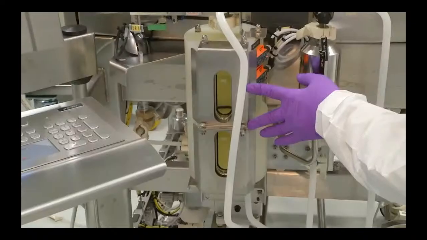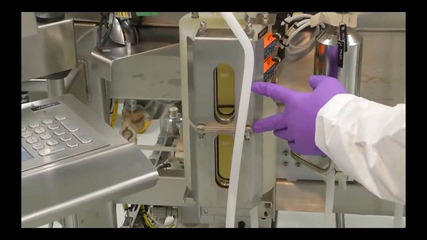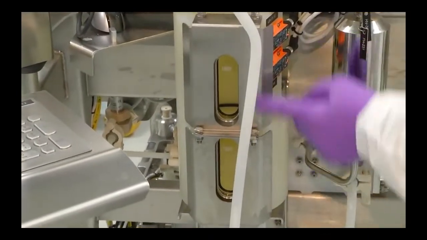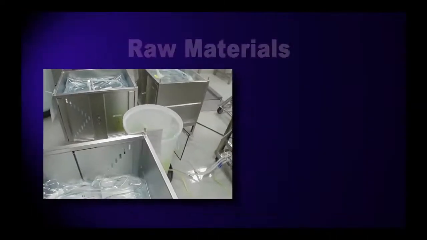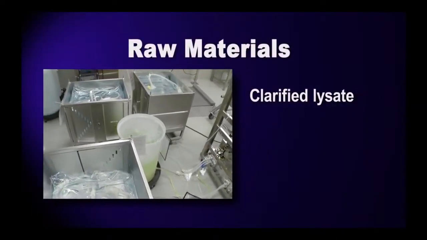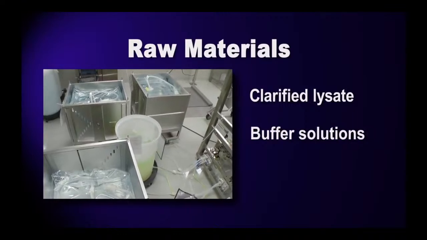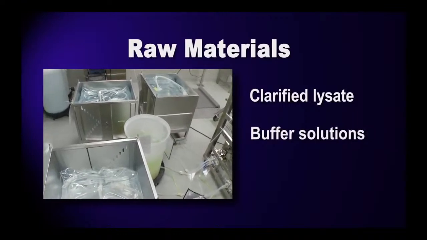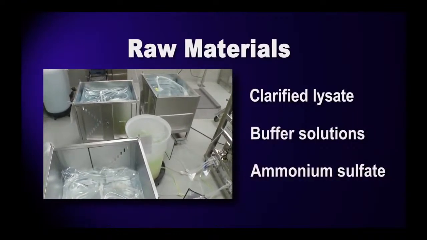The column is filled with a storage buffer, and the product path is checked for trapped air and purged if necessary. Our raw materials include the clarified lysate from the recovery process, various buffer solutions that are tailored to specific process steps, and ammonium sulfate that we add to one of the buffers to make it high salt.